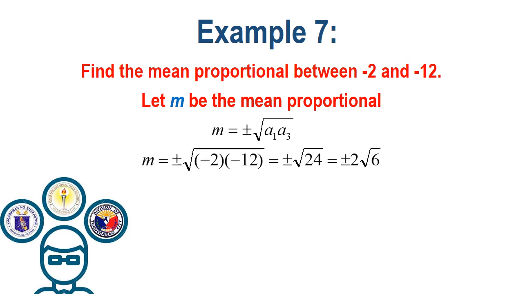So m is equal to positive negative square root of negative 2 times negative 12, which is equal to positive negative square root of positive 24, which when simplified will give me positive negative 2 square root of 6. Therefore, the mean proportional between negative 2 and negative 12 are positive 2 square root of 6 or negative 2 square root of 6.